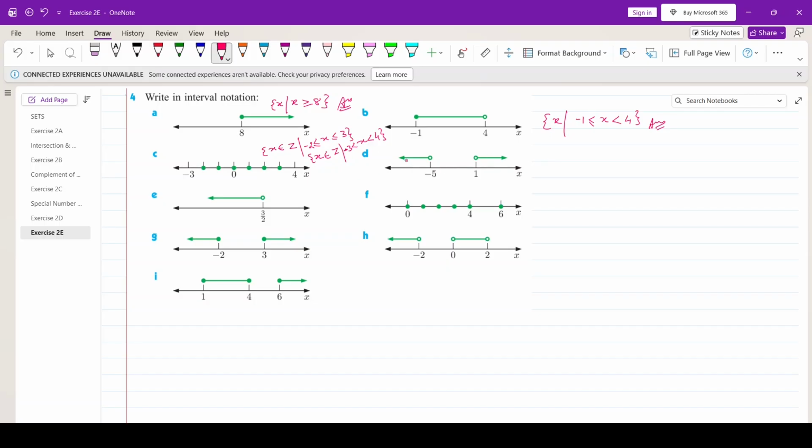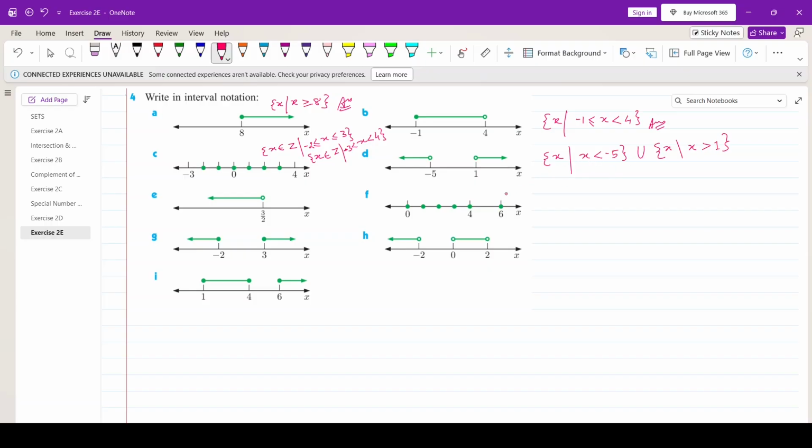Part D says, now we again have a line with an arrow, so we mean real numbers. A set of all x such that x is less than -5 union a set of all x such that x is greater than 1.